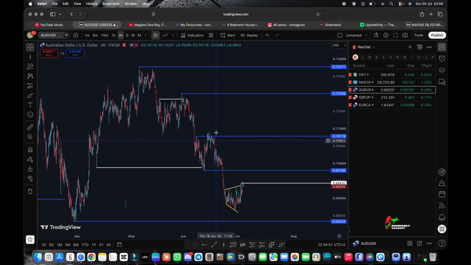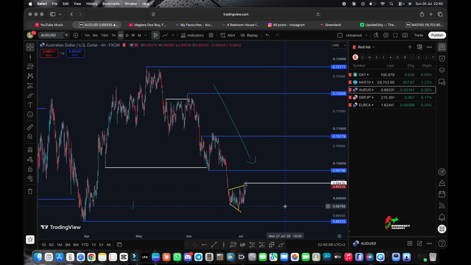Now we have to look at the Australian dollar chart, right? We can clearly see that this pair has been going to the downside. When it's going to the downside like this, we are just looking for selling opportunities until it gets to points which are low, so we can flip our bias and take a long, which is buying it instead of selling it.